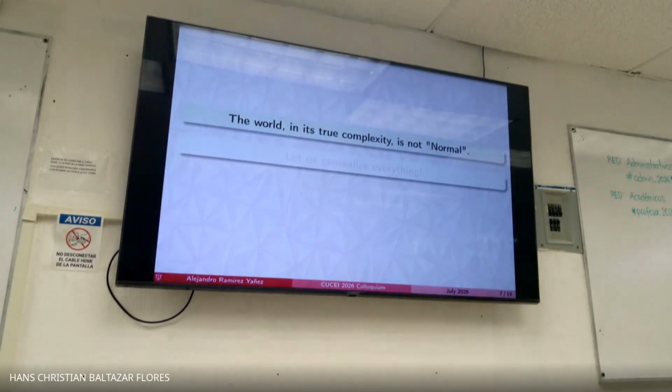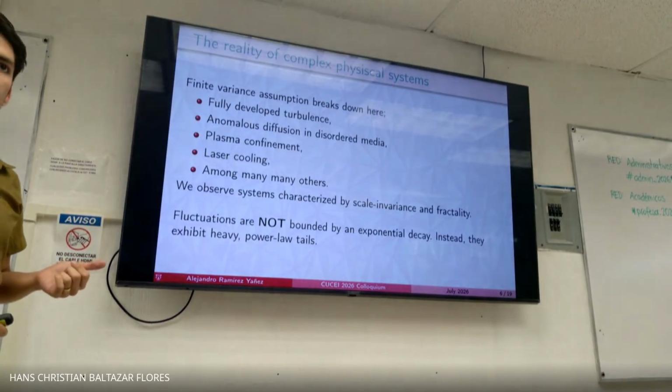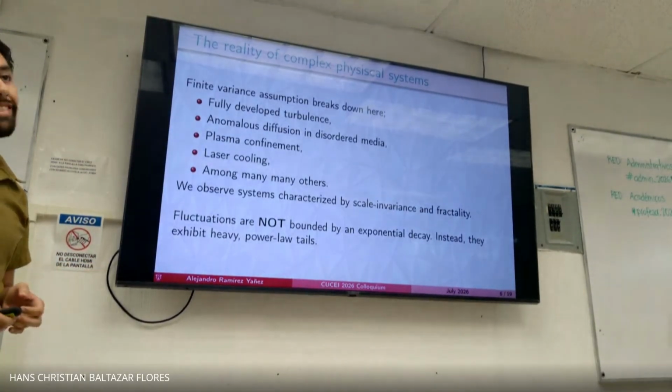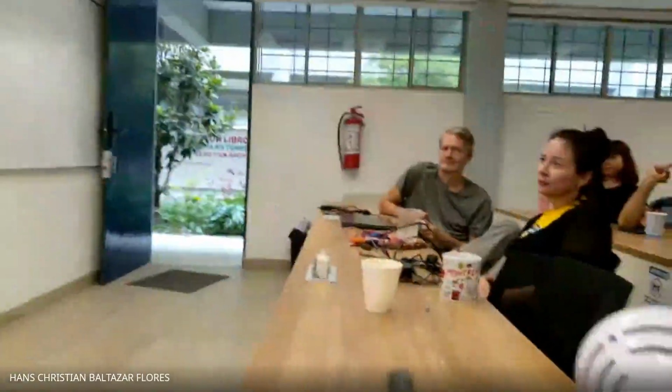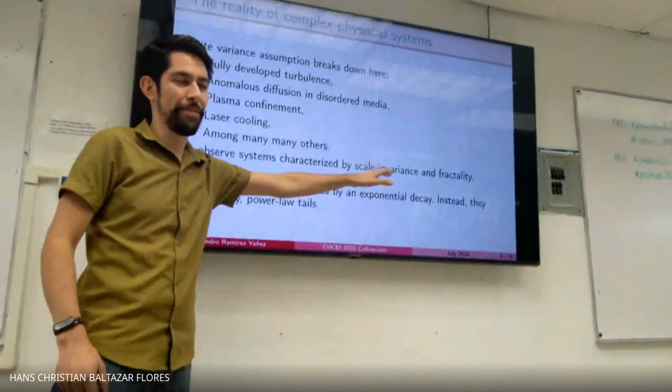Yes? What do you mean by scale invariance here? Because you are separating scale invariance from fractality. That means I would imagine that you are talking about some scale invariance which is not related to fractals. Well, I'm not sure about that, because I don't know if whenever you have a system that is scale invariant, that system is a fractal.